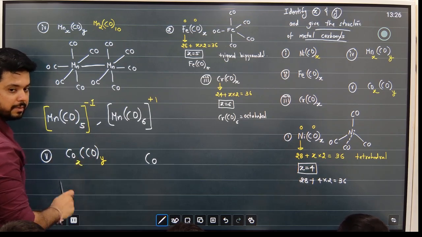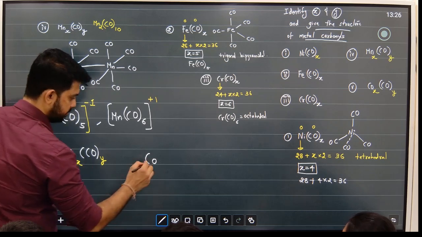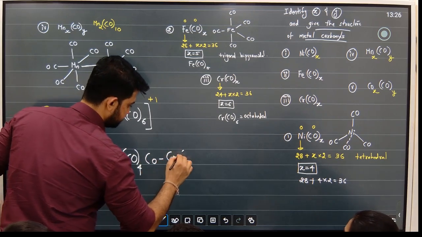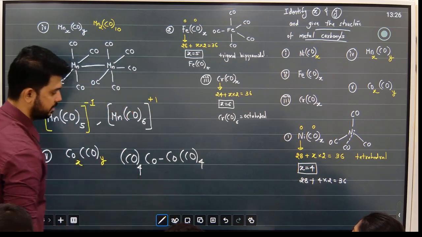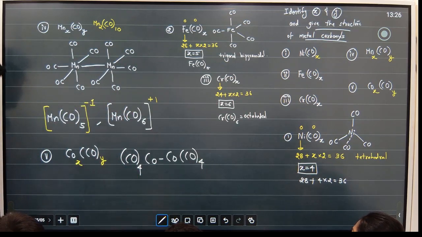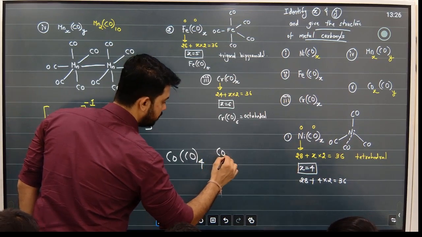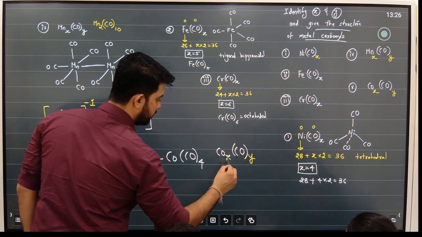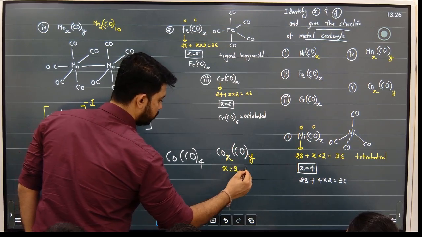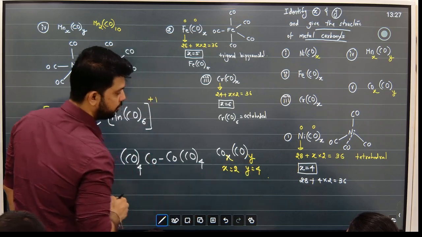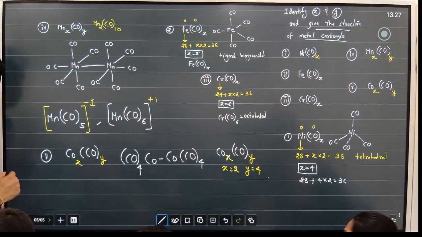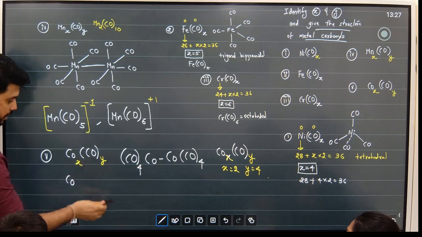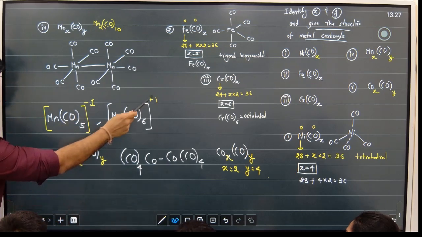So 27 plus 8 will become 35. This becomes 1. Or you can write this as Co2(CO)Y. So X is how much over here? 2. And Y is how much, people? 4. Yes or no?